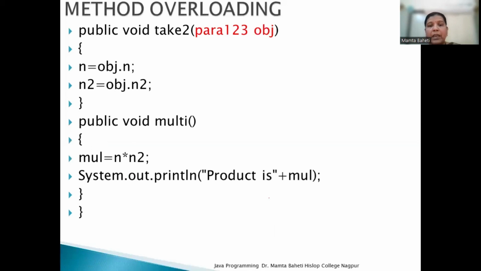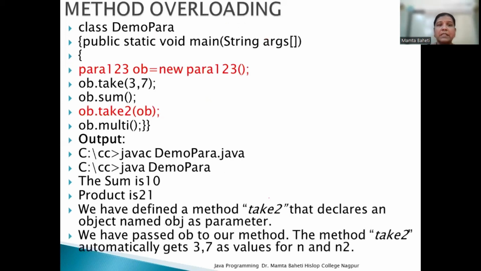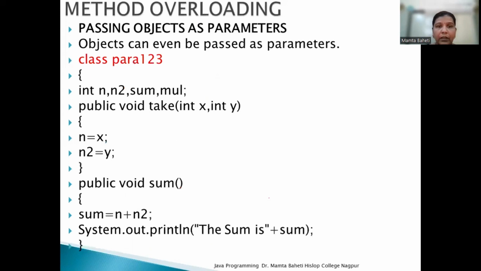So now when I am performing n equals obj dot n and n2 equals obj dot n2, the values of n and n2 that are passed through obj are saved in n and n2. Here you can see I have created the object of the class Para123, and through ob dot take(3, 7), the values will be passed, and here n equals 3, n2 equals 7.